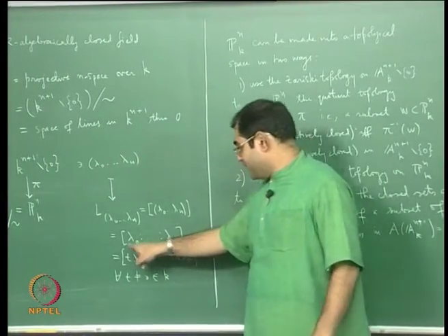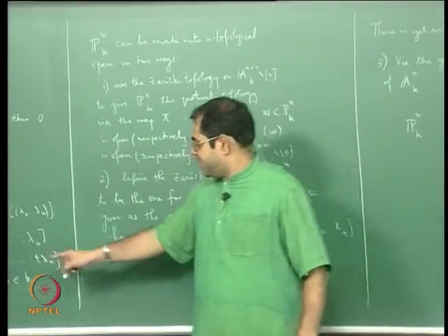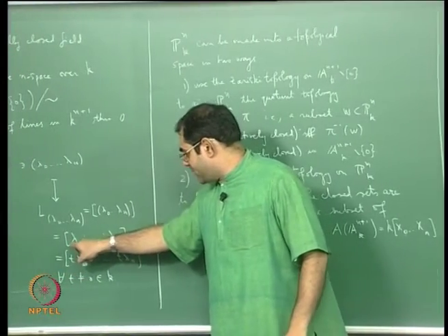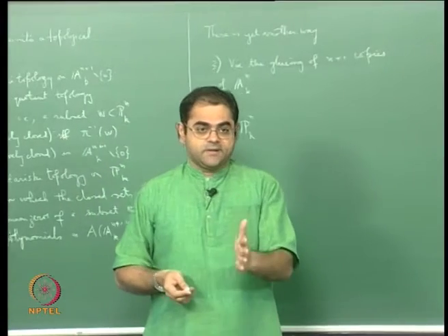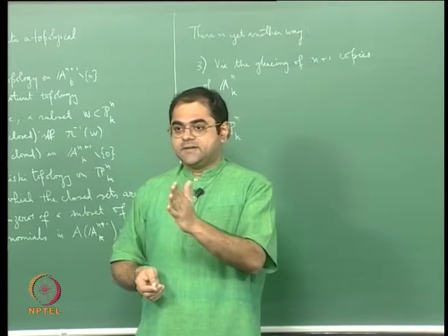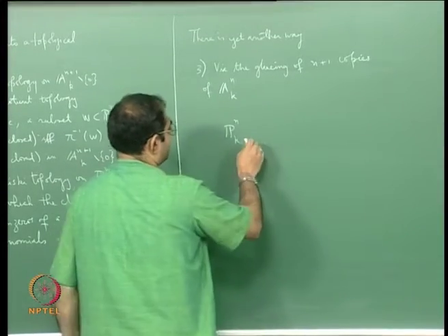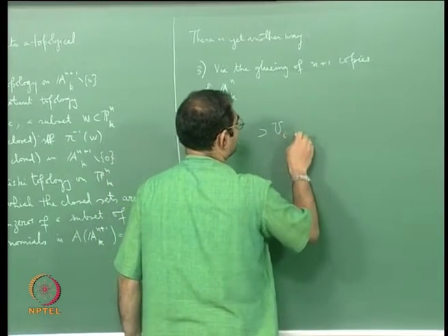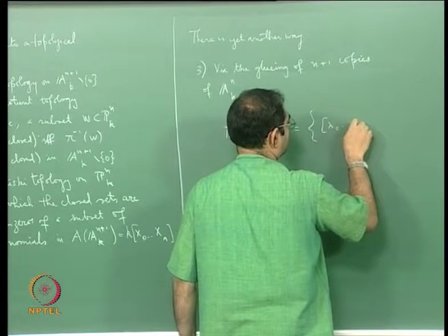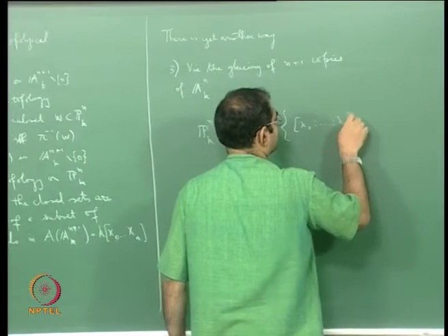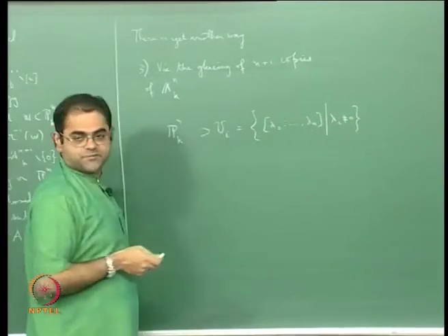What we will do is, for each fixed position, look at all those points for which that particular coordinate does not vanish. So you define Ui to be the set of all points with homogeneous coordinates lambda_0 through lambda_n such that lambda_i is not 0.